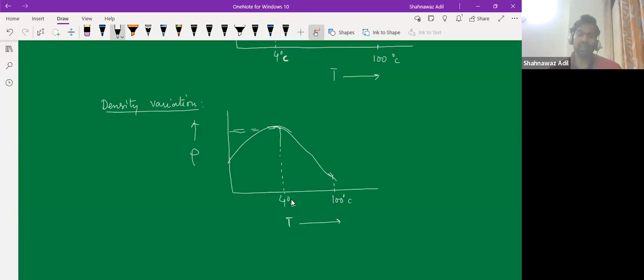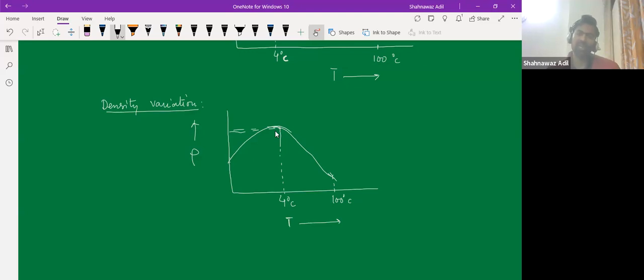And due to this, marine life is possible. So whatever you see, those aquatic creatures in the ponds or in the seas, that happens only because of this thing, right?